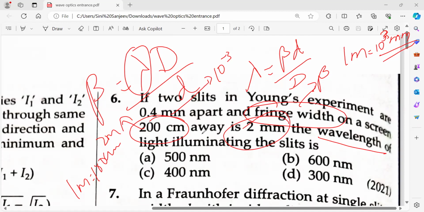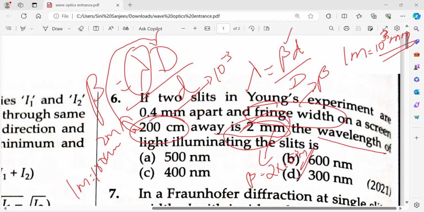On a screen 200 centimeters away is 2 millimeter. So this is my D. My capital D is 2 meter. And what is my beta? 2 millimeter, that is 2 into 10 power minus 3 meter.